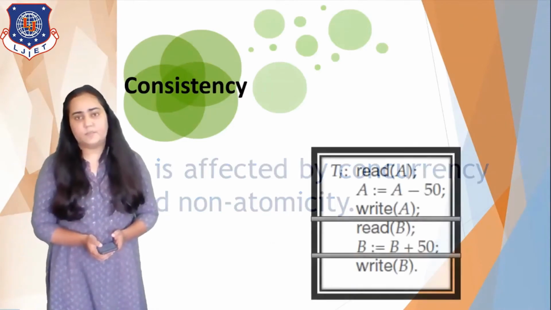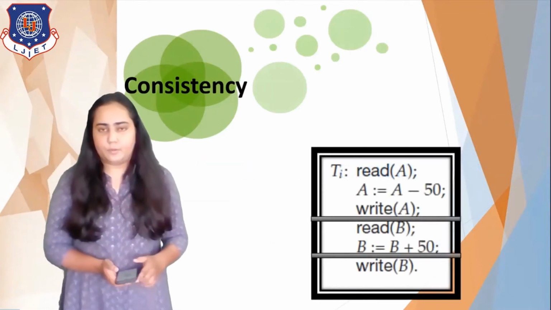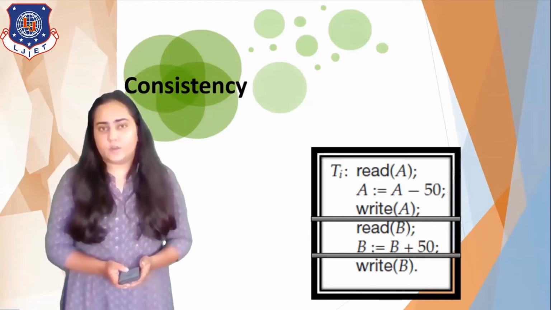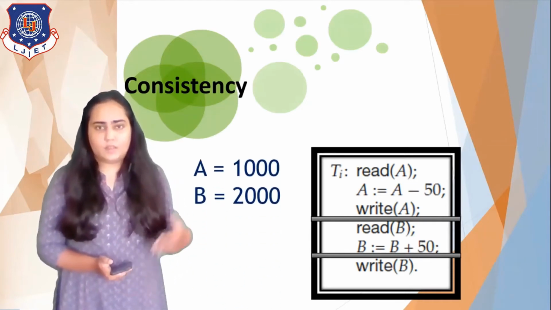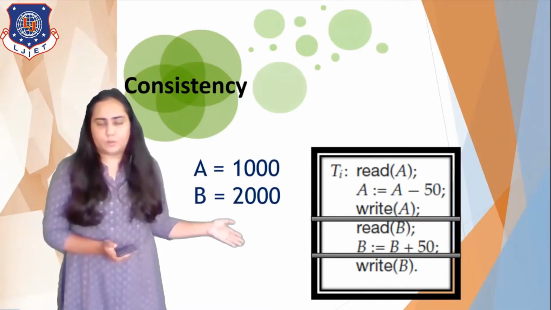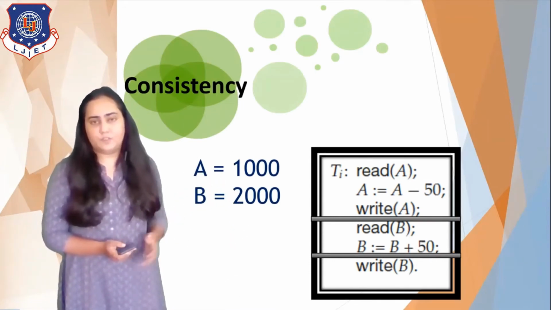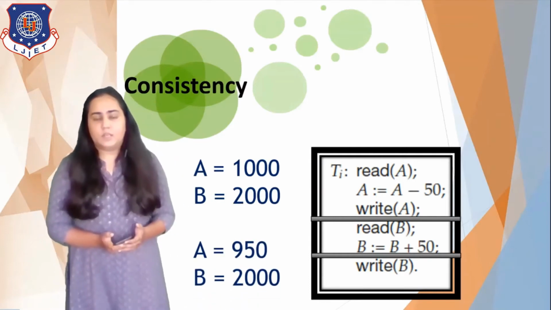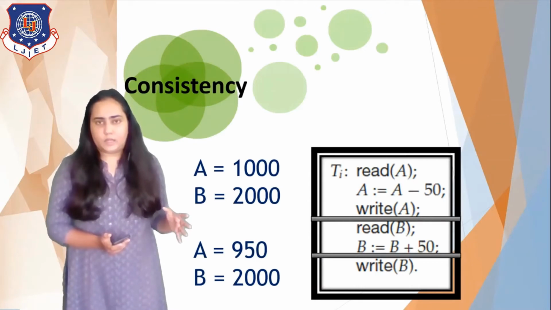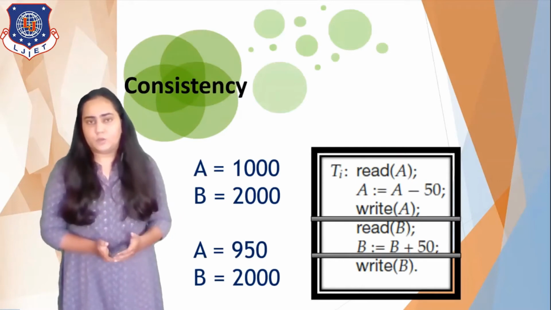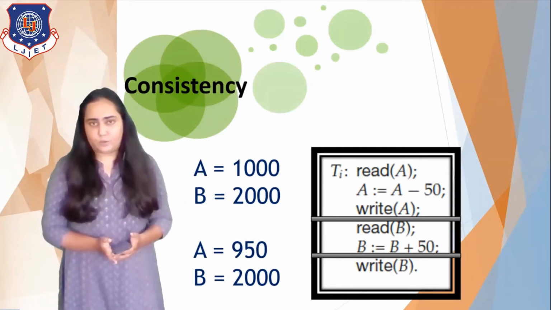Now this brings us back to our previous example, where I told you that if atomicity is not followed, then it can happen that the original values of A and B are 1000 and 2000, but after the transaction executes, and because it fails, it might become 950 for A and 2000 for B, which is of course incorrect because the total of A and B does not match in both cases.